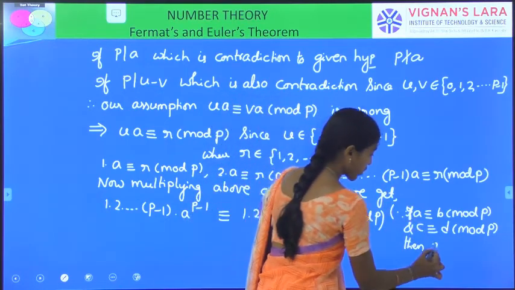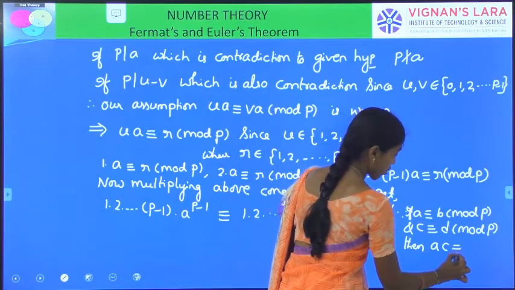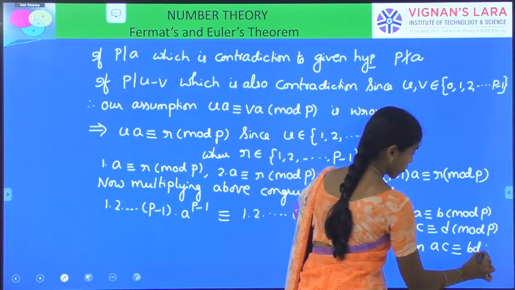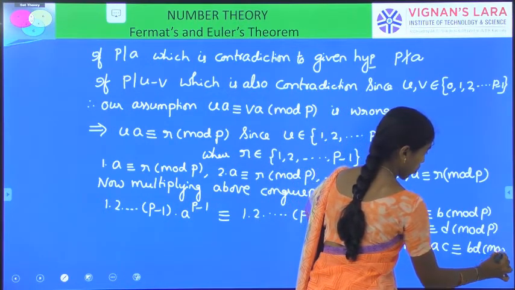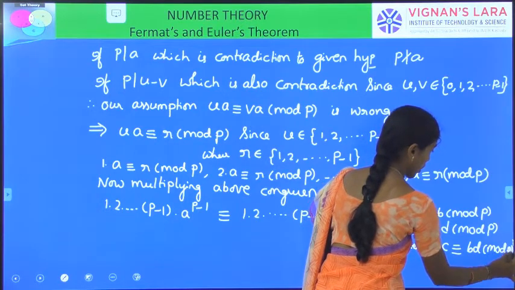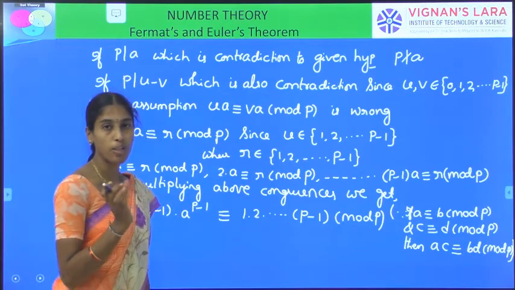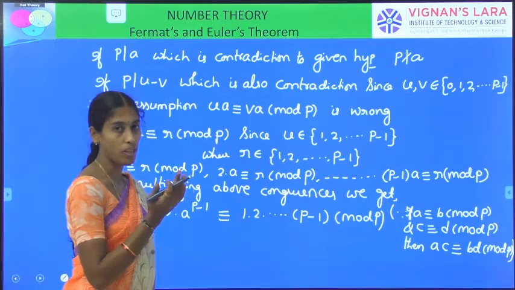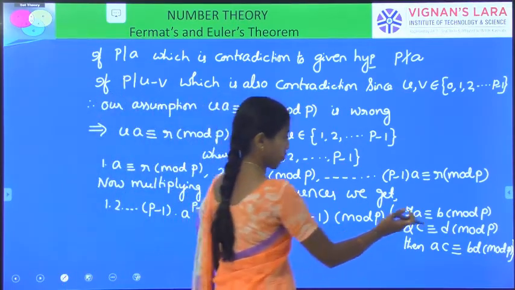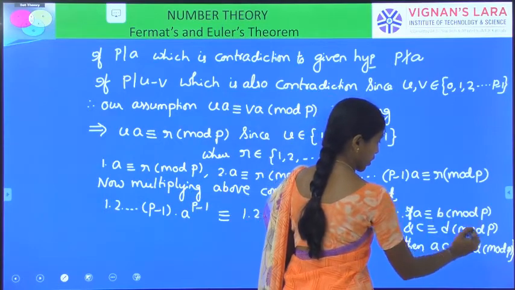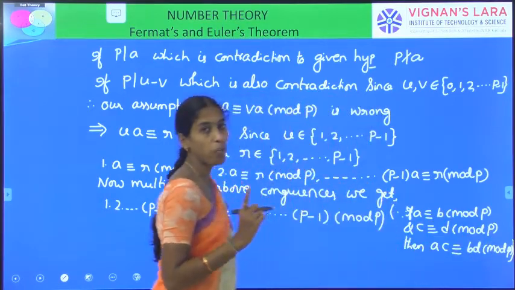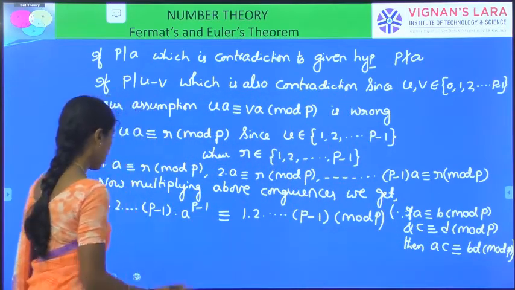If you multiply these two, AC is also congruent to BD modulo P, right? That is one of the properties. Whenever we multiply two congruences, we multiply the LHS and similarly we multiply the RHS, except that we write modulo P only one time.